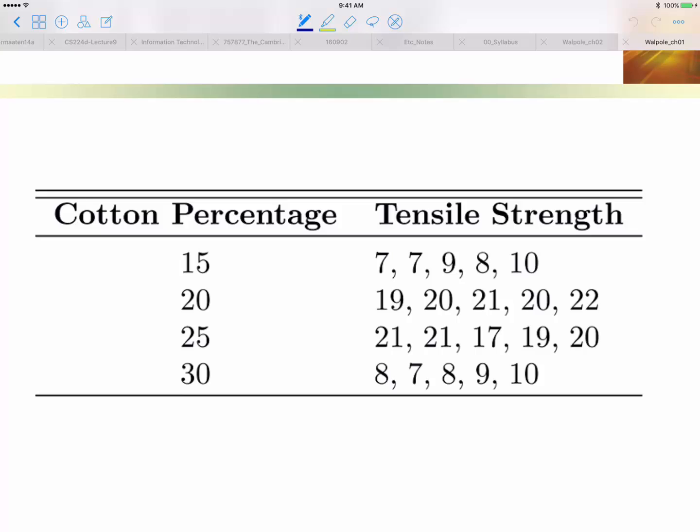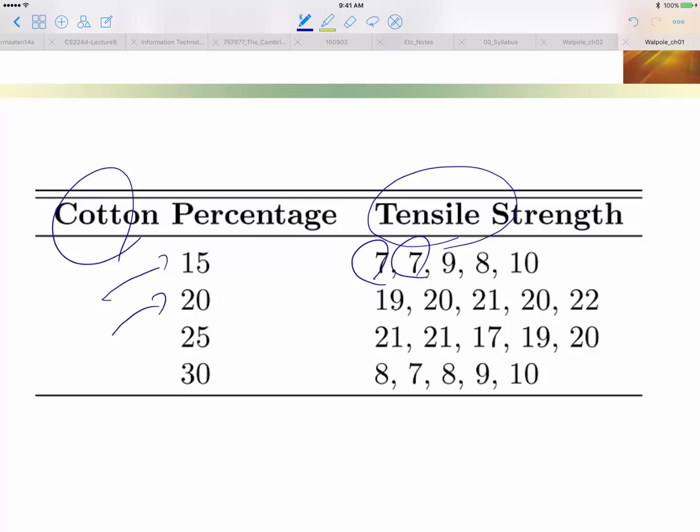And suppose cotton is a little bit expensive, right? So in order to create these clothes, suppose this is the portion of cotton in our clothes, and the resulting measure that we are interested in is how resilient or how durable our clothes are.